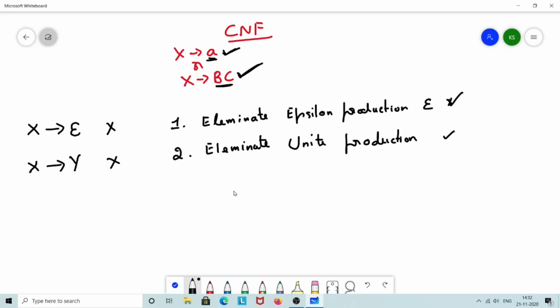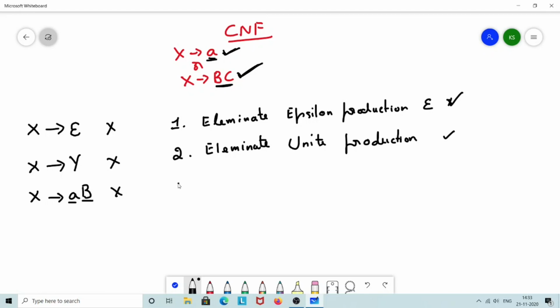Okay, the second step. Then what if I have rules something like A gives a B? Here I have a non-terminal giving one terminal followed by another non-terminal. Isn't this having a mixture of terminal and non-terminal? Yes, so even this is not accepted.